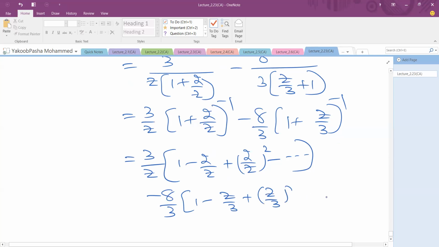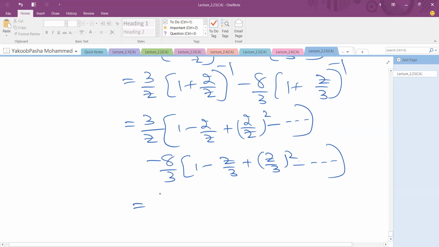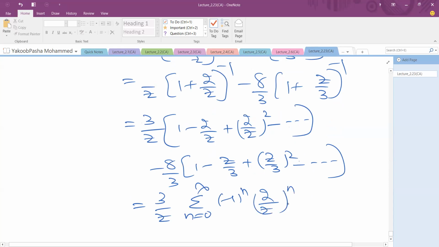Okay. So this is equal to 3 by z summation n equals 0 to infinity, (-1) to the power of n, (2 by z) whole to the power of n.